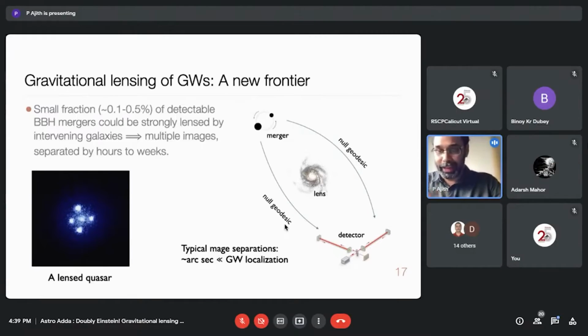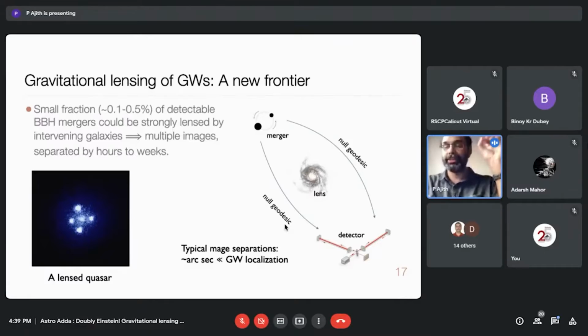So in the case of gravitational waves, one could actually measure the time delay between multiple copies of the gravitational waves produced by these lensing. And another difference is that, unlike in the case of electromagnetic radiation, we cannot resolve the angular location of the sources in the sky very well. So we cannot see the images.